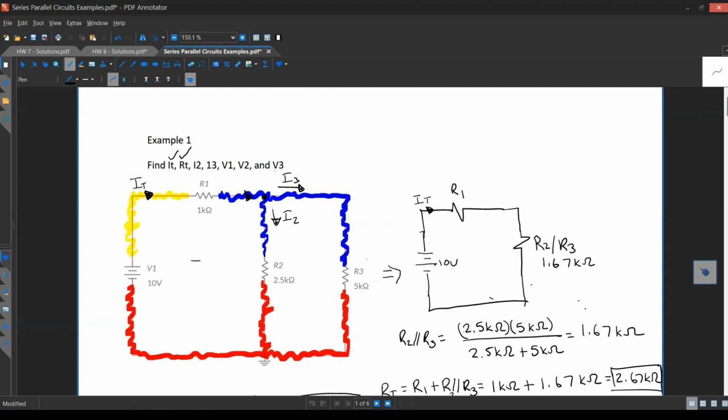And how you know you can use a current divider is anytime that you know the total current going into a node or a junction point of parallel resistors, you can use a current divider. So basically we're taking this current and dividing it up based off the resistor values of R2 and R3.